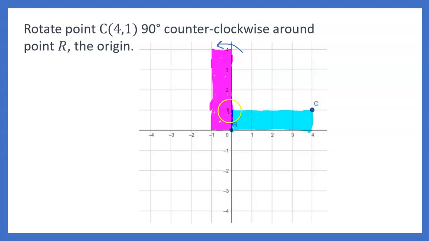So there's our new image rectangle. That's what happens when we rotate it 90 degrees this way. Our new corner is up here at -1, 4. And we call that C prime as the image of C.